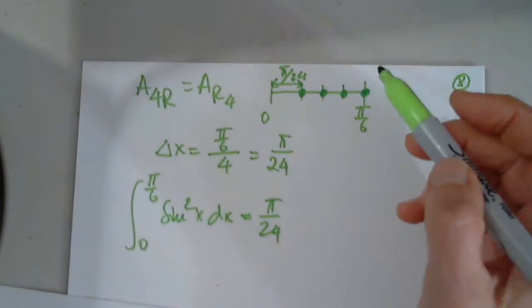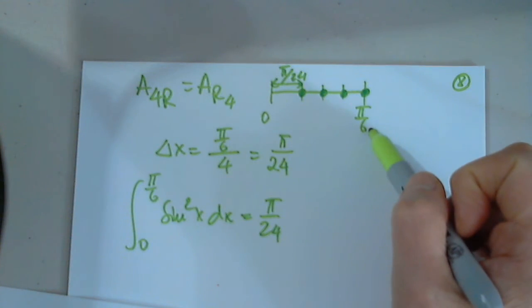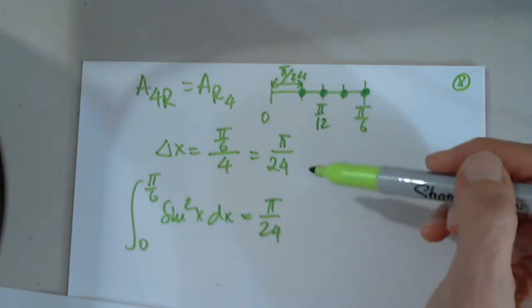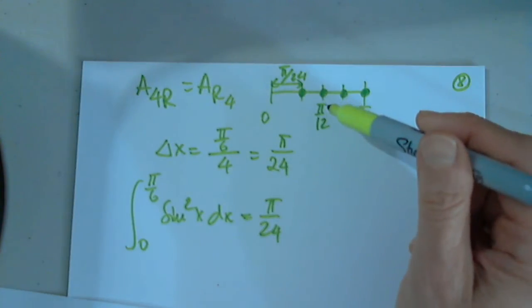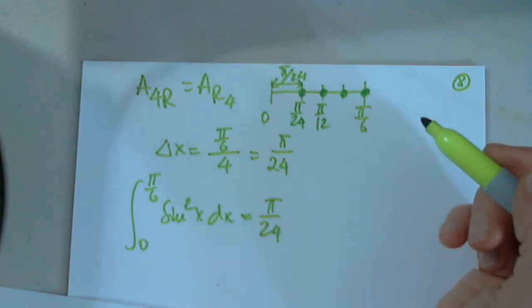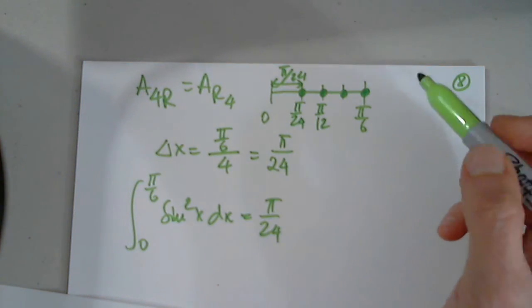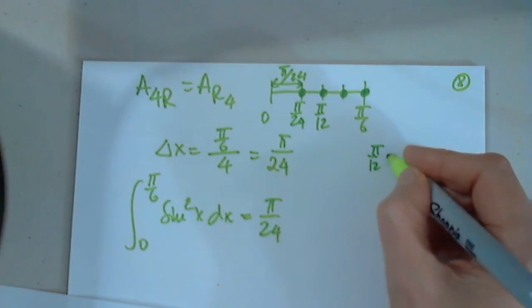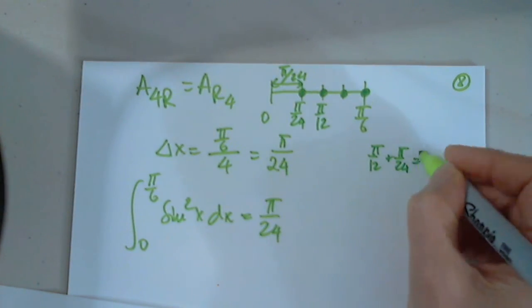Okay, so pi over 6 divided by 2 is pi over 12, and this divided by 2 is pi over 24. Correct. And then pi over 12 plus pi over 24 plus pi over 24.